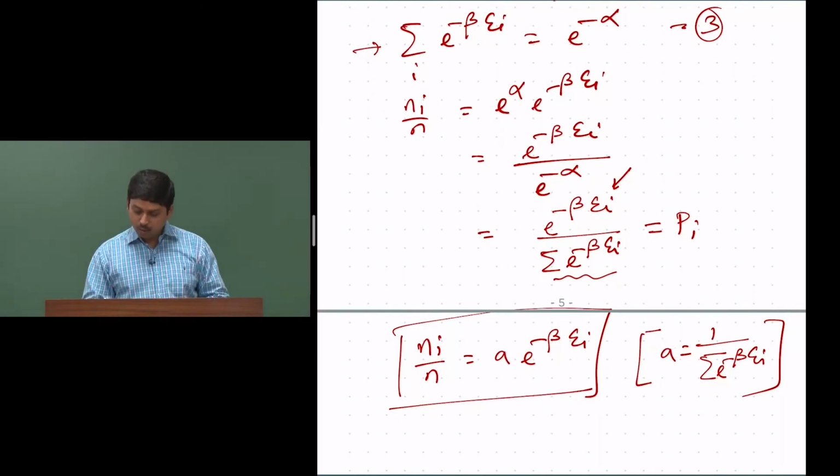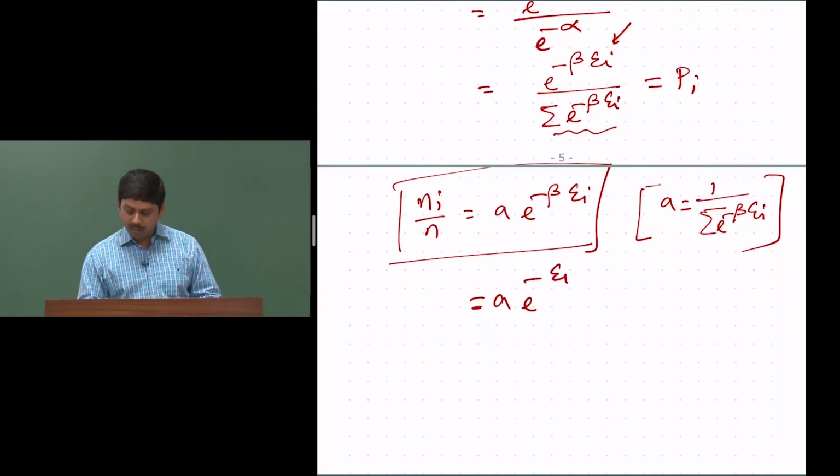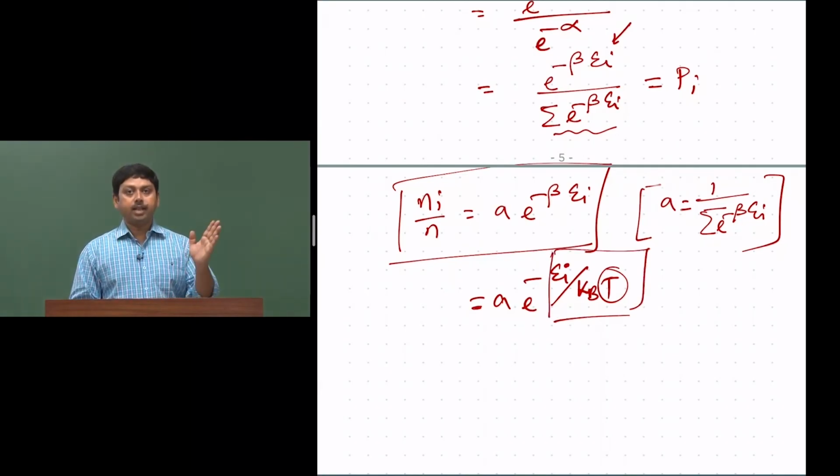Now beta can be shown to be the inverse of temperature. As I said before, it is nothing but e to the power minus Ei by kBT, where k is called the Boltzmann constant. So, if T is larger, then at higher and higher T this quantity becomes smaller and the distribution gets flatter and flatter.